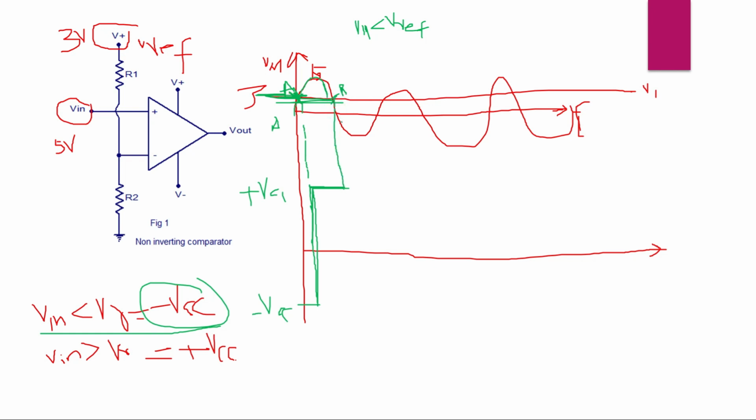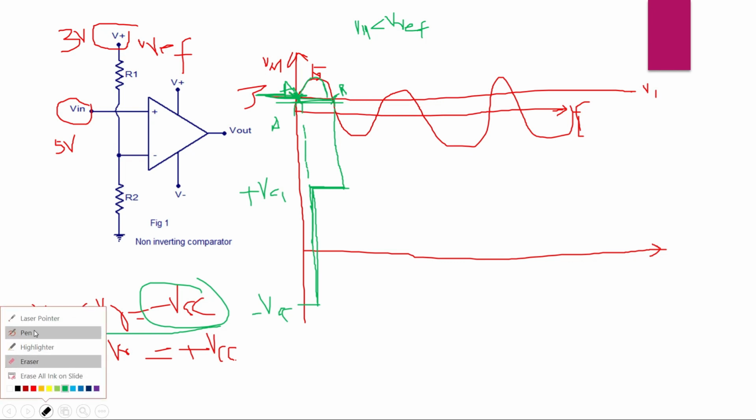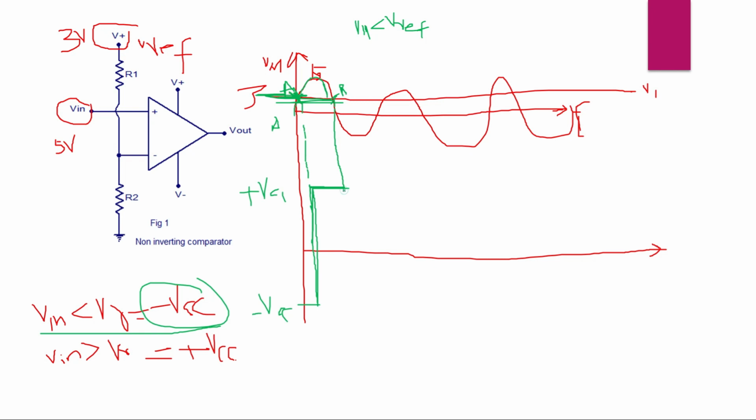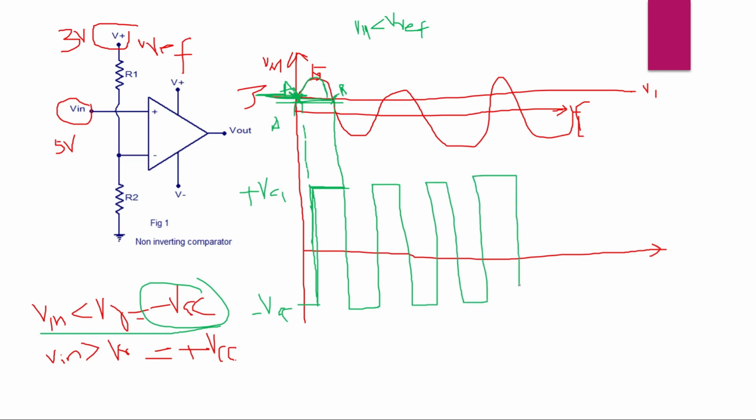After that, again my V reference dominates V in, so the output goes down again, and the same process continues. The output keeps changing with respect to the input and reference voltages.